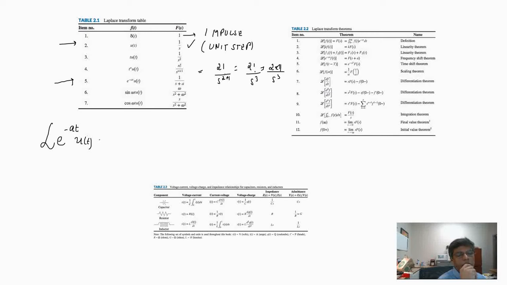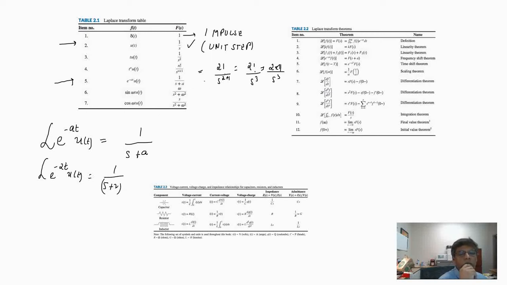If you take the Laplace, we go to the s domain, and that will be equal to 1 over s plus a. For example, if this is e to the negative 2t, then the Laplace transformation in the s domain will simply be 1 over s plus 2. You're going to be using this a lot.